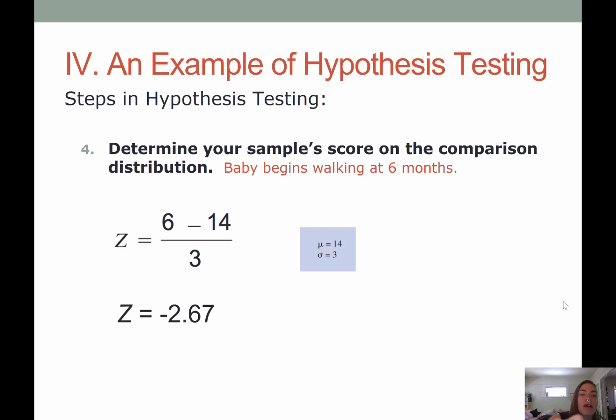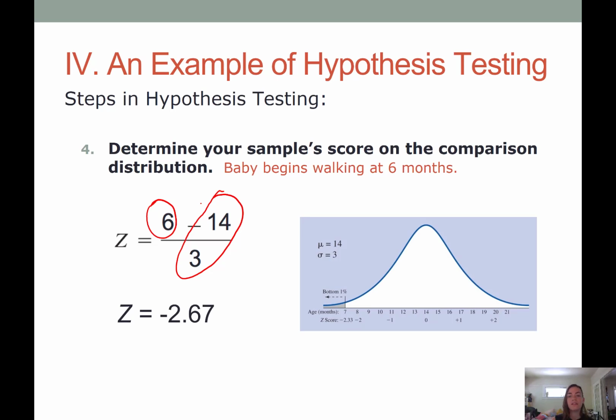So I'm comparing my sample value to a distribution with a mean of 14 and a standard deviation of 3. If you do that calculation, you end up with a z-score of negative 2.67.